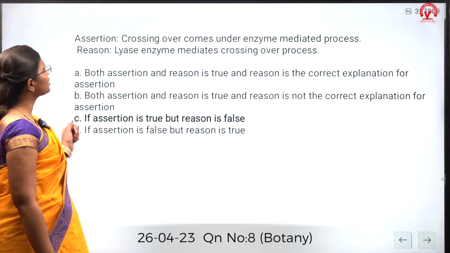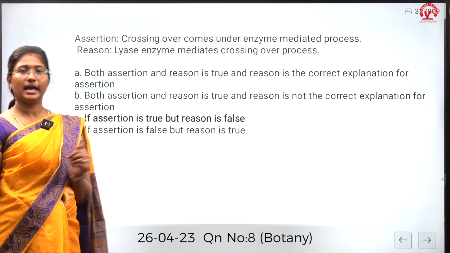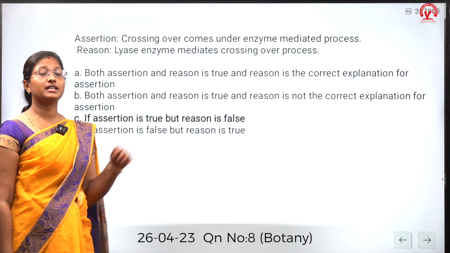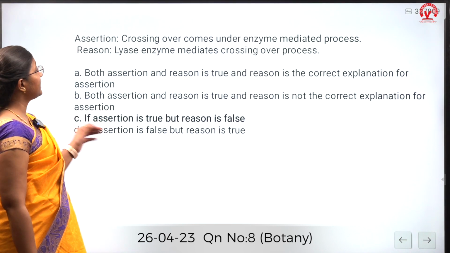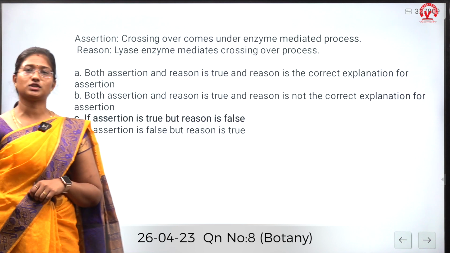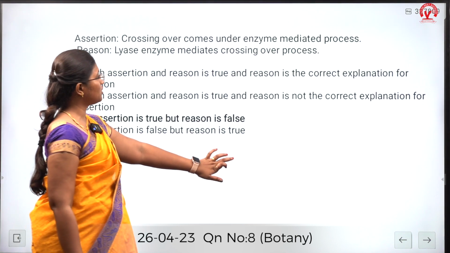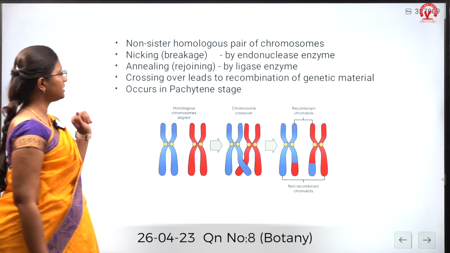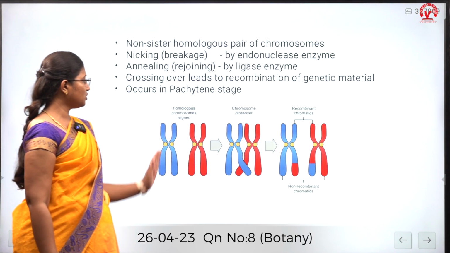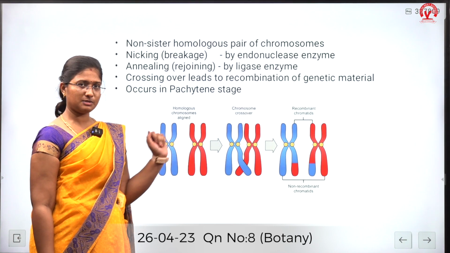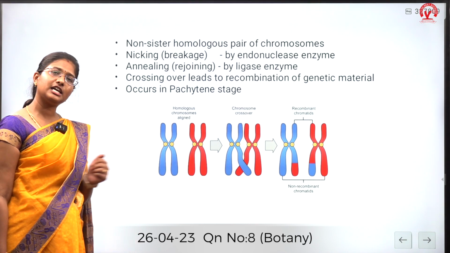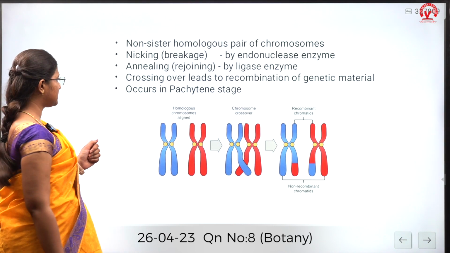Assertion is crossing over comes under enzyme mediated process, and the reason they have given is that lyase enzyme mediates the crossing over process. So first we should know what crossing over is. Crossing over happens between two non-sister chromatids of a homologous pair of chromosomes, and this takes place in the pachytene stage.